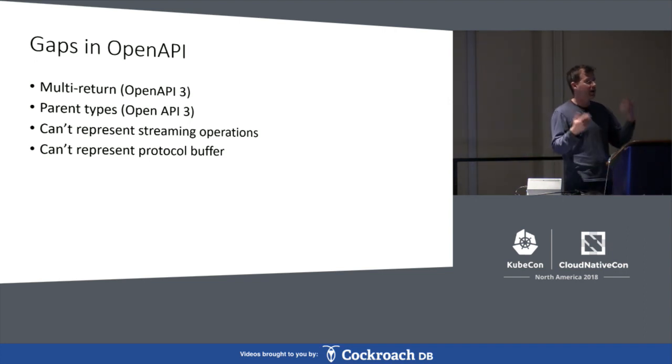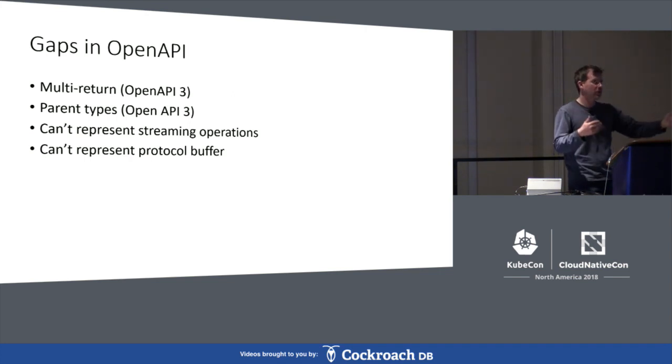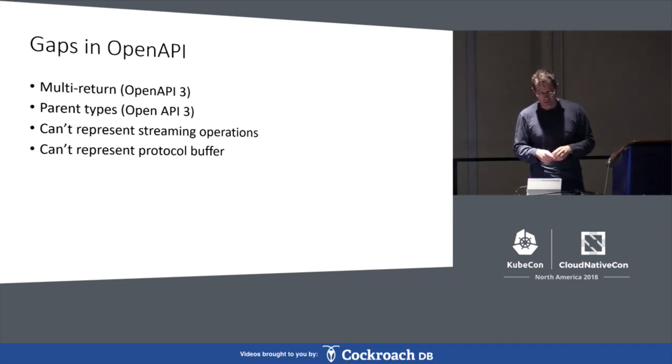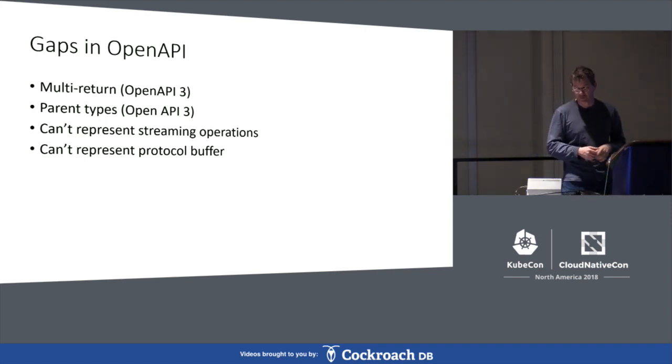OpenAPI doesn't have a way of representing, hey, there's this parent class that everybody inherits from. It does actually, again, in OpenAPI 3, but again, code generators haven't caught up. And then as I mentioned earlier, you can't represent these streaming operators, and you can't represent protocol buffers. And so the gaps in OpenAPI definitely cause problems in our end user client library facing experience.